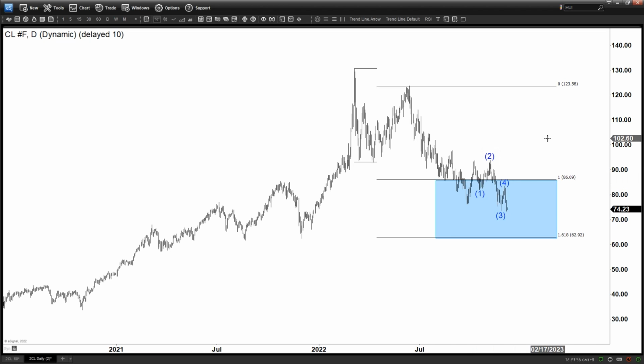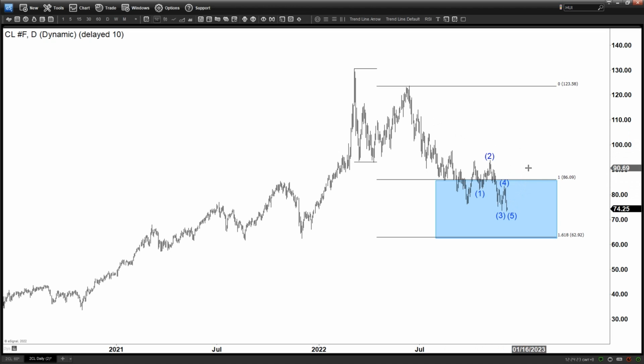Either we extend lower within 5, which is possible, ending only 1 of 5 and then 2, 3, 4, 5, or this new low here could be your entire wave 5. If we are ending the entire wave 5, then guess what, we will not see too much more downside, and we can start to see a bigger rally.